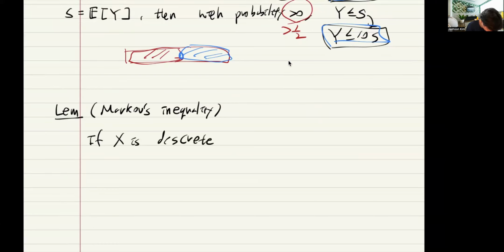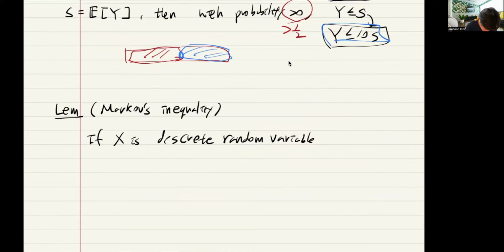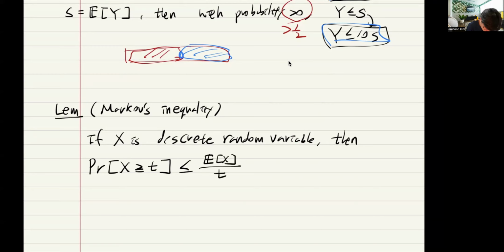So that's the motivation for Markov's inequality. It's saying that if X is a discrete random variable, meaning that its value is a natural number, technically a natural number together with 0, a non-negative integer, then the probability that X is bigger than a certain number t is at most the expectation divided by t.